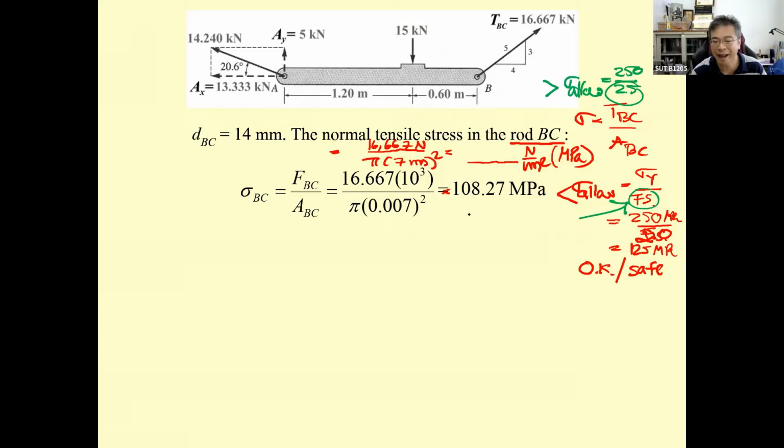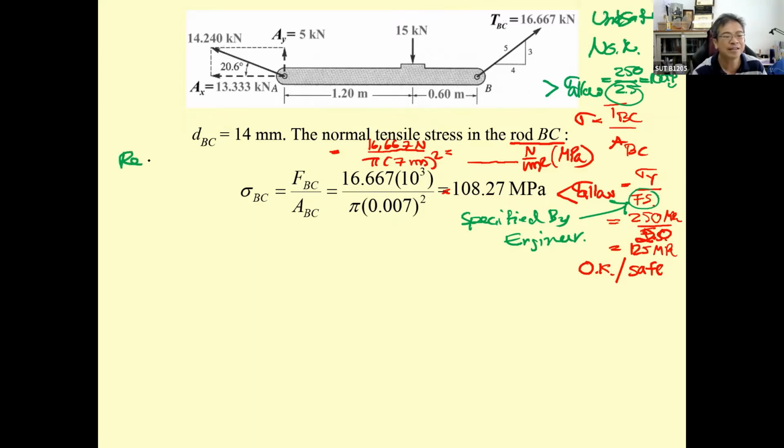This again is specified by the engineer. Okay, it depends on how you like to set it. By doing this, this is going to be 100 megapascal. So this is again not okay. This is going to be unsafe. You're going to have to redesign.